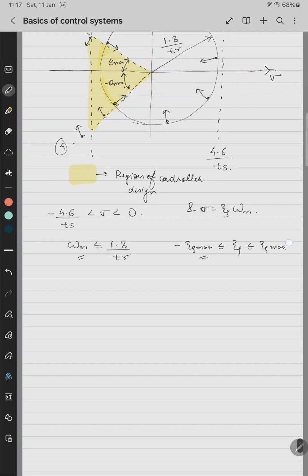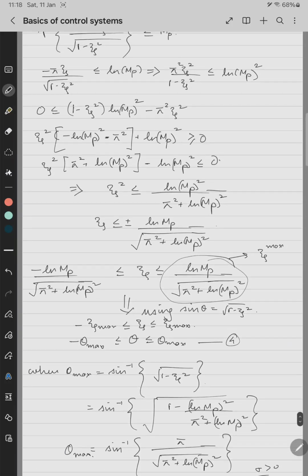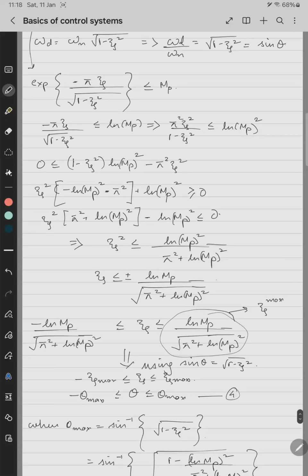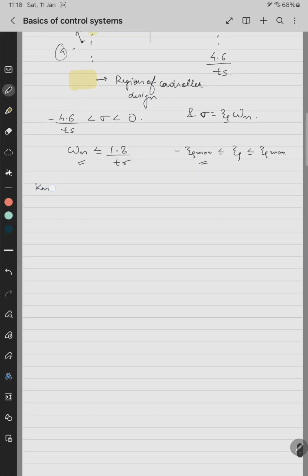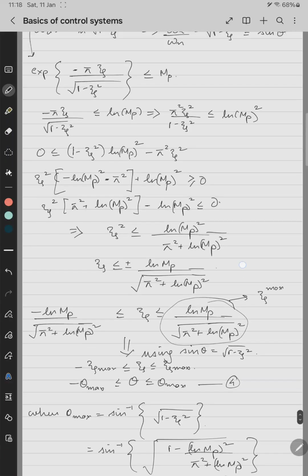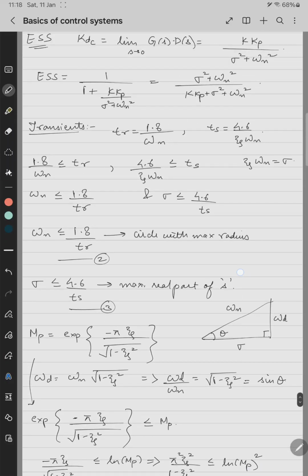Okay, so basically zeta will be fixed, and these are the maximum range of variation of zeta, that is ln of Mp by under root of pi square plus ln of Mp square. So Mp is known to us. So what is known? tr, ts, Mp, and steady state error are known to us. Steady state error is what? ESS is this.